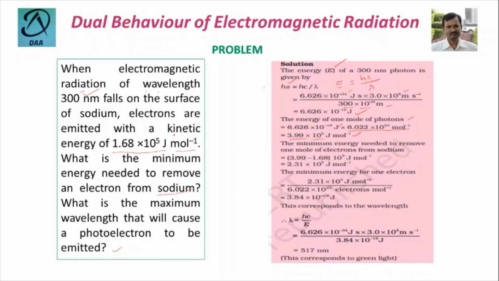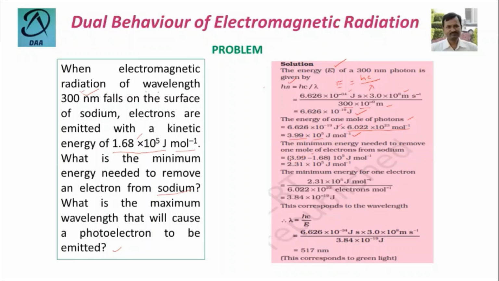So you see the kinetic energy is 1.68 multiplied by 10 to the 5 joule per mole. So if you want to get the energy which will remove the electron from the sodium, then you have to subtract this kinetic energy from the total energy.